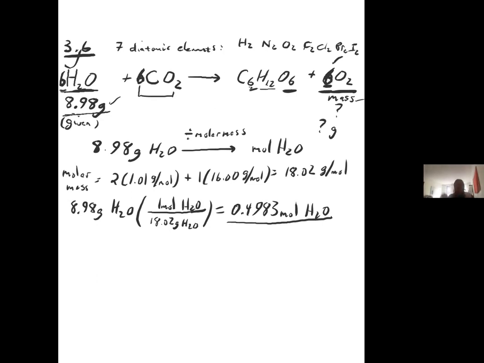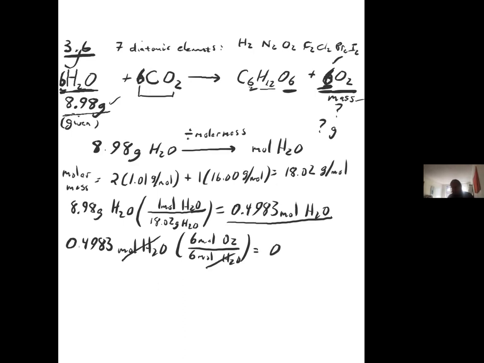It's the coefficient ratio. So you take the given number and you multiply it by the coefficient here. So 6 moles of oxygen divided by 6 moles of water. The one that you want divided by the one that you have. That way the moles of water cancel, and look what you get. The ratio is really 1.